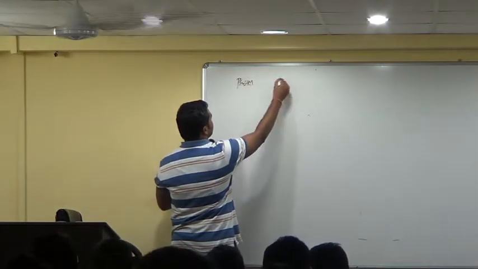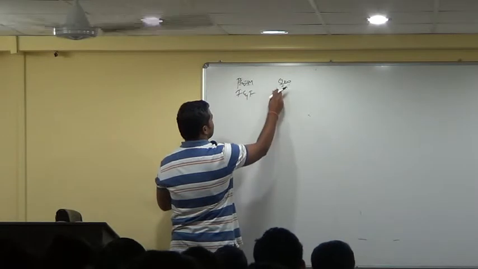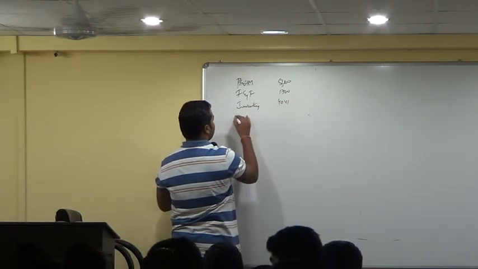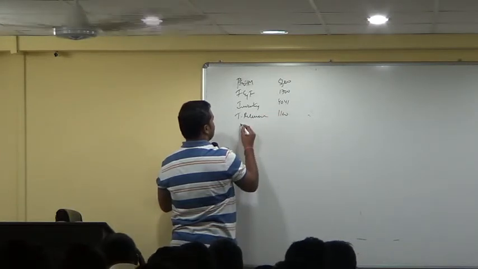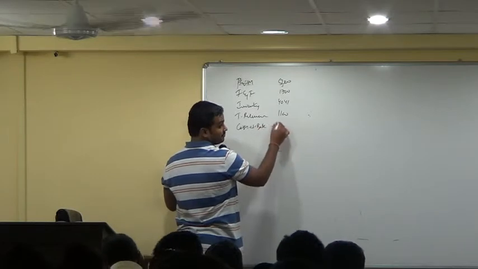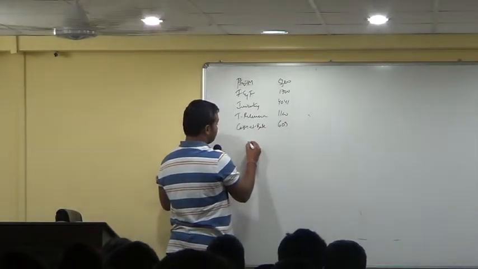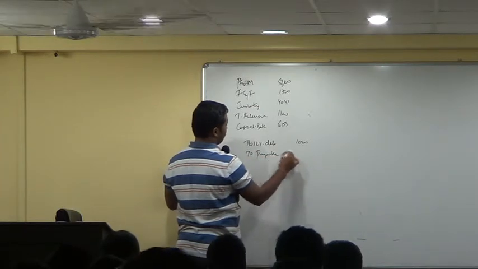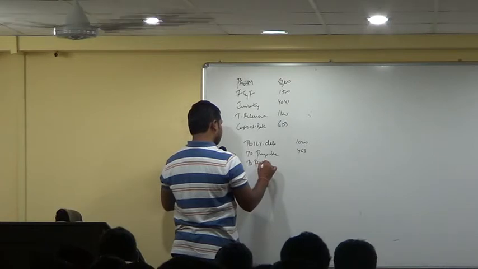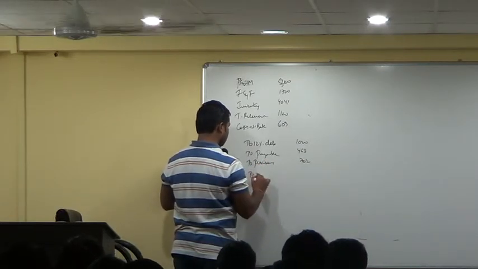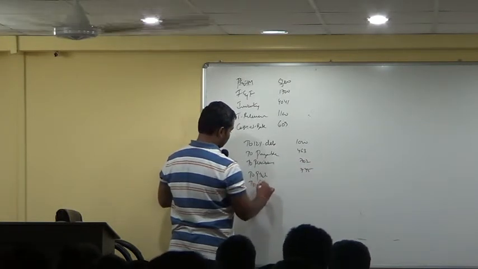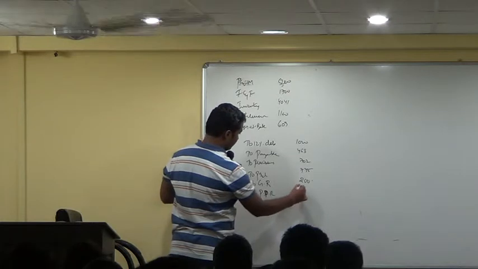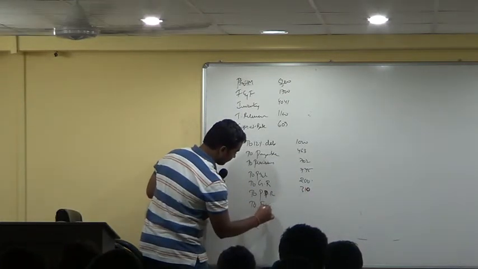Plant and machinery, how much? 5,000. 1100. How much? 1,000.